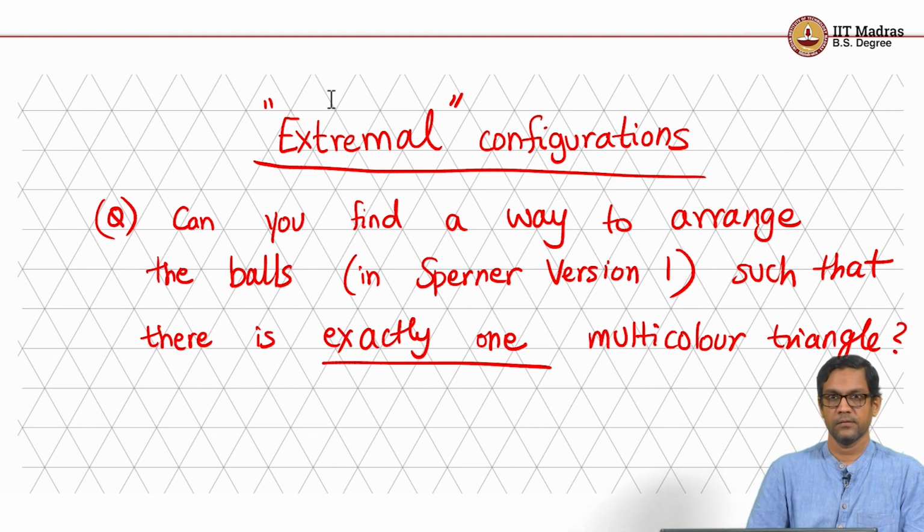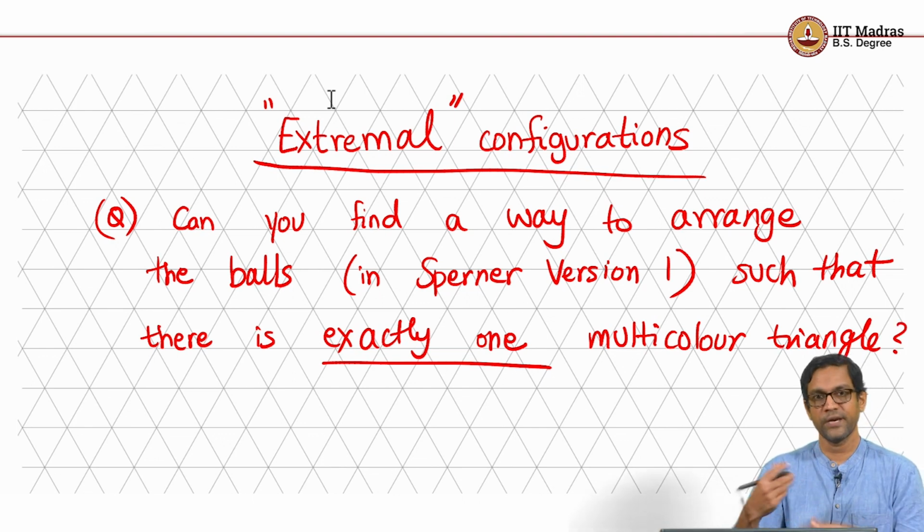Okay. And the question again is, in how many different ways can you do it? Can you think of various arrangements which will realize this particular fact that there is exactly one?